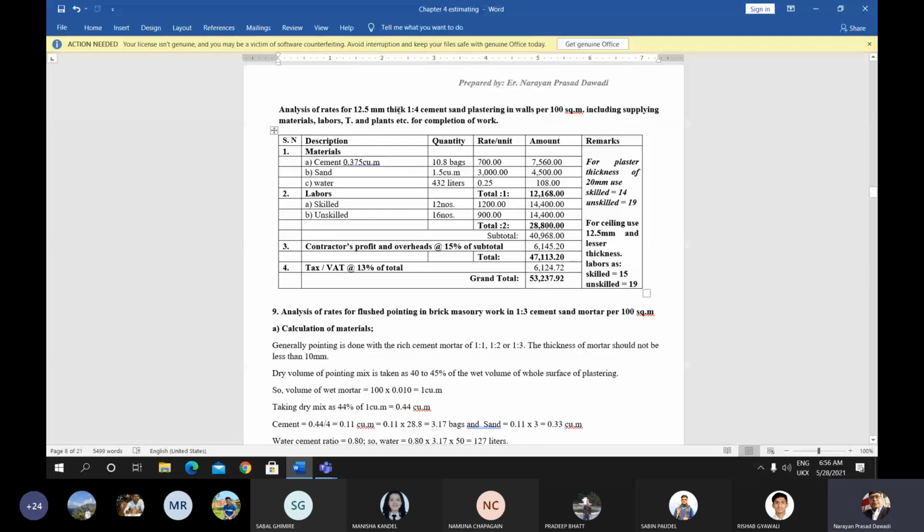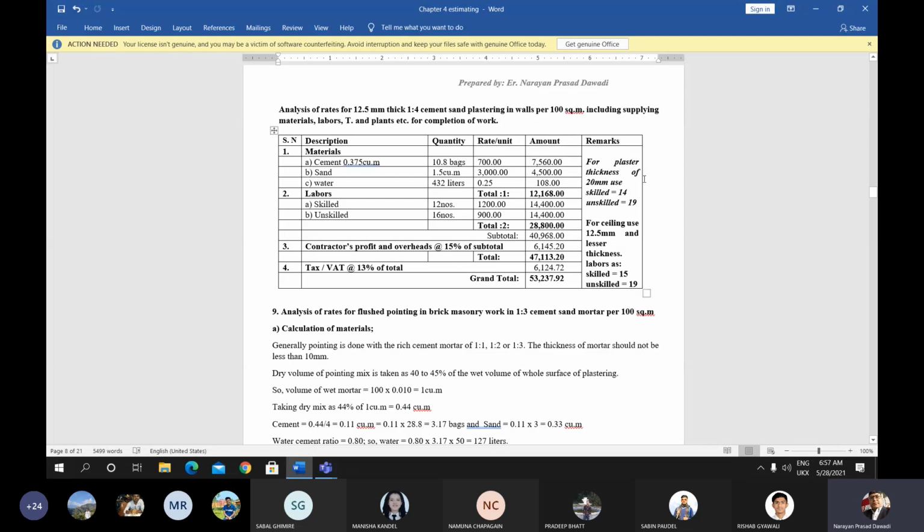Now, if you are provided with other thickness, 10 mm, the same procedure can be done. Instead of finding the total wet volume of the plaster material, you have to multiply 100 into 10 mm instead of 12.5 mm. If you are provided with 20 mm thick plaster, then the quantity of material will be 100 into 20 divided by 1000.